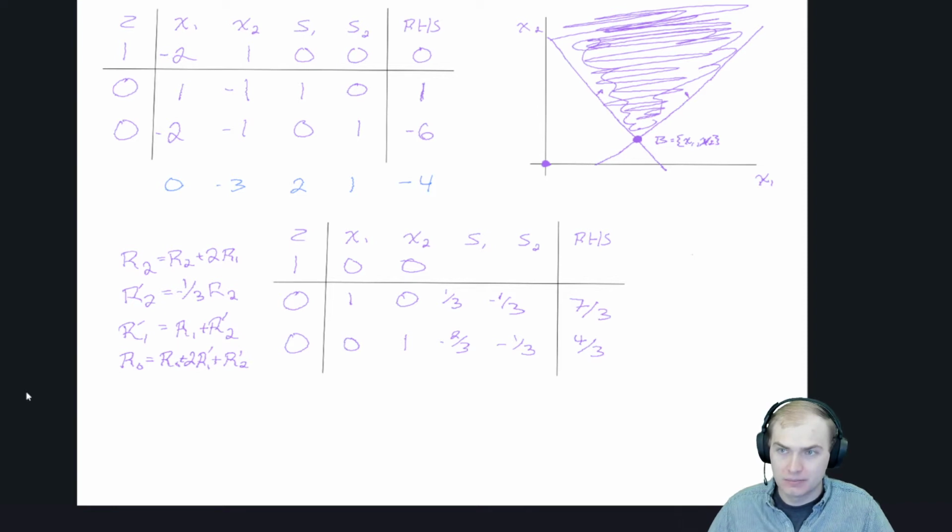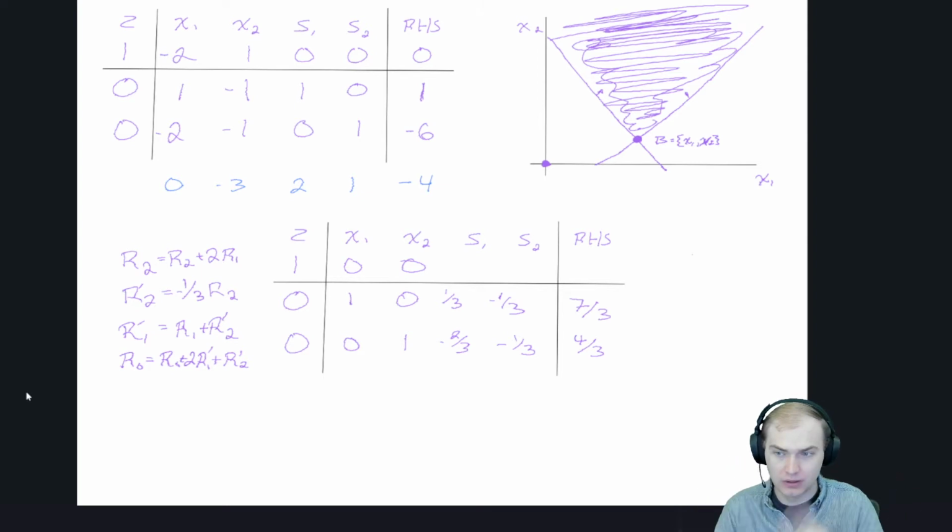At the same time, when we're doing simplex, we're not usually jumping to an entirely new basis. We're almost always exchanging, in fact, we are always exchanging one variable in the basis for one that's not in the basis.